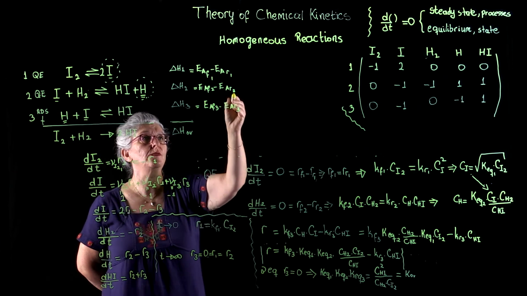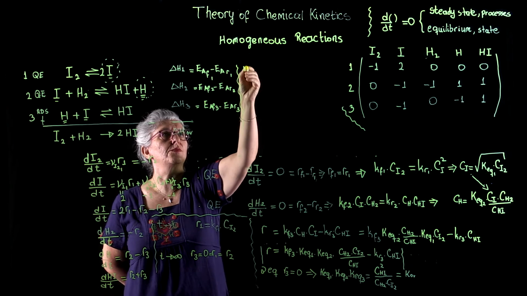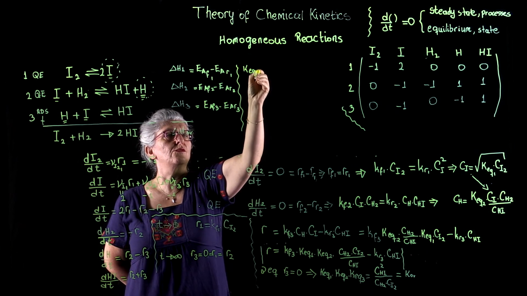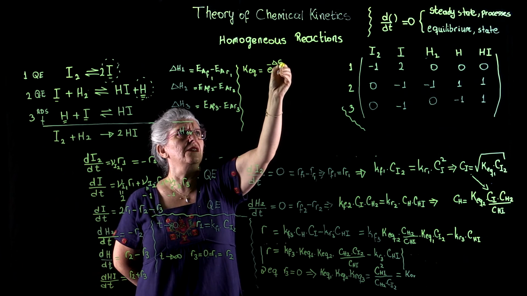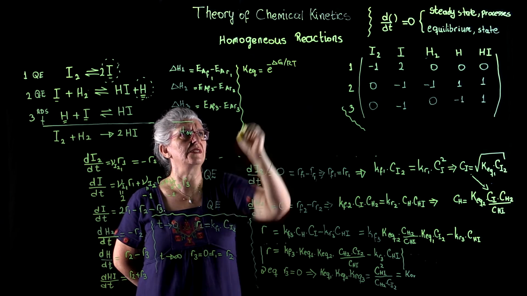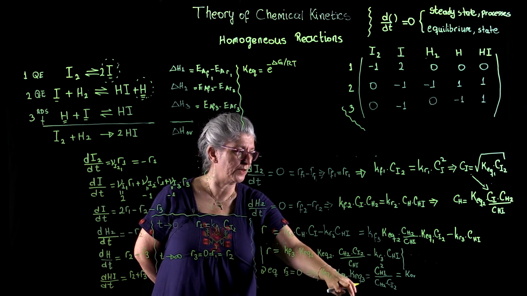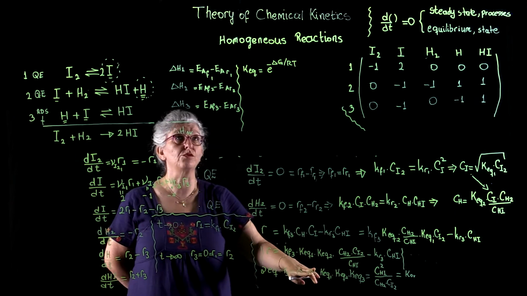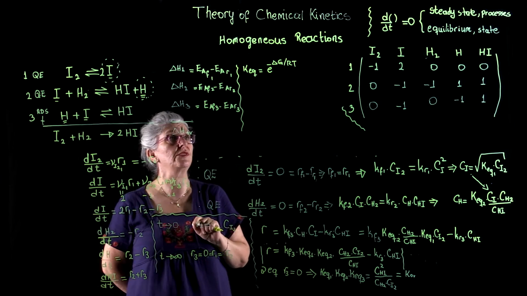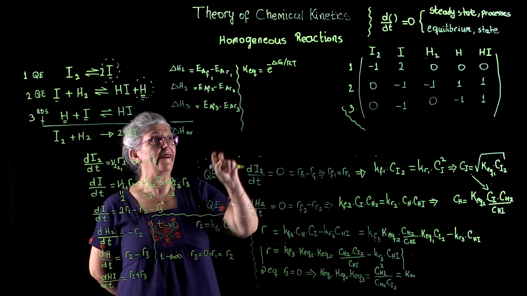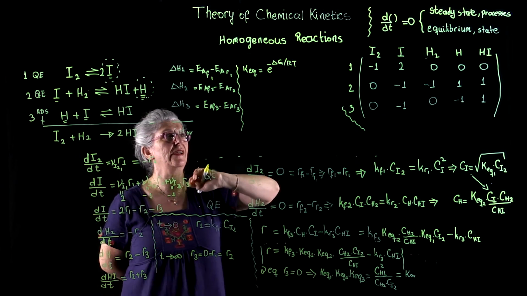by starting from the fact that equilibrium constant is equal to e to the minus delta G over RT. So I'm going to carry this expression, K overall equals K equilibrium 1, K equilibrium 2, K equilibrium 3. And then I will substitute the free energy change relationship in that.